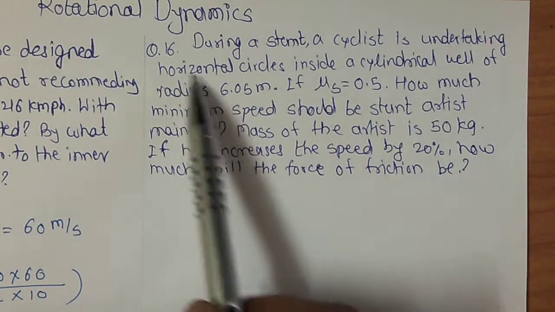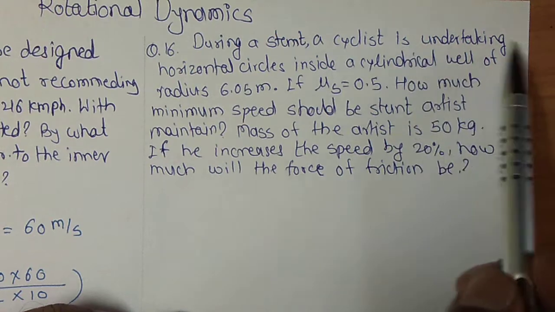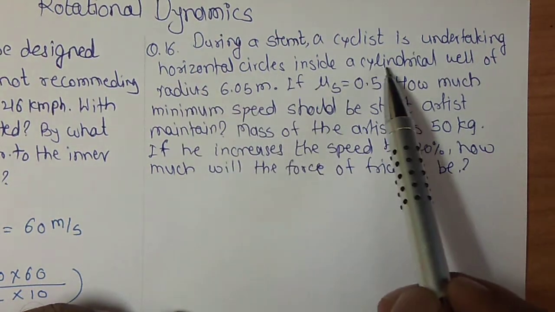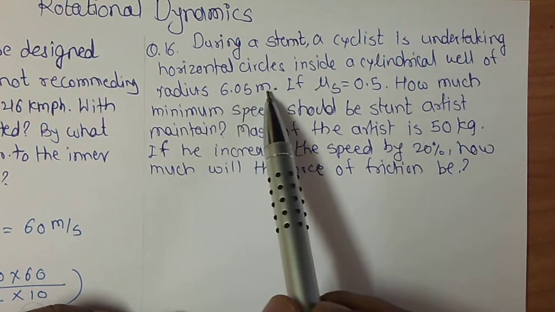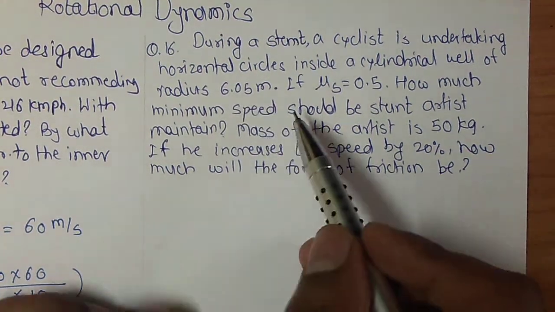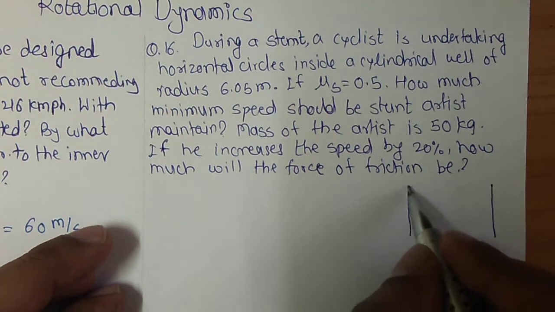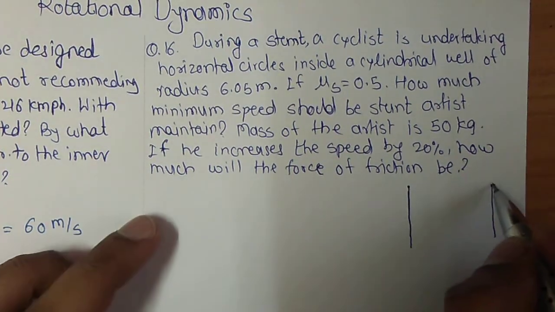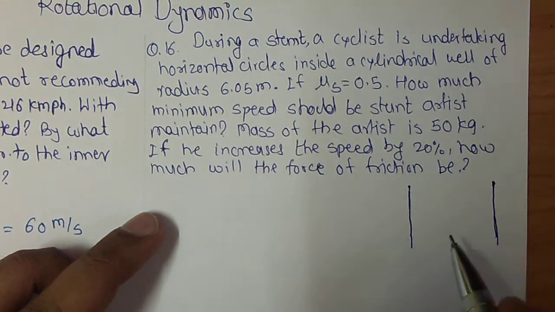Now next, question number 16. During a stunt, a cyclist is undertaking horizontal circles inside a cylindrical well of radius 6.05 meter. Means what? This is the same example where we have to use the theory of the well of death, or maut ka kuwa.